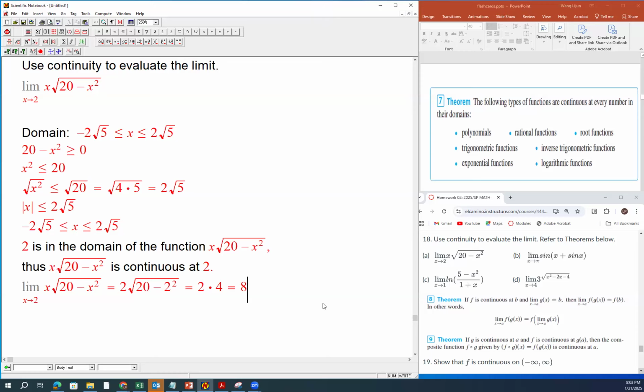All right, so let's look at another situation. This time for B, sine x, because in this case you're going to be using sine composite with polynomial and sine.